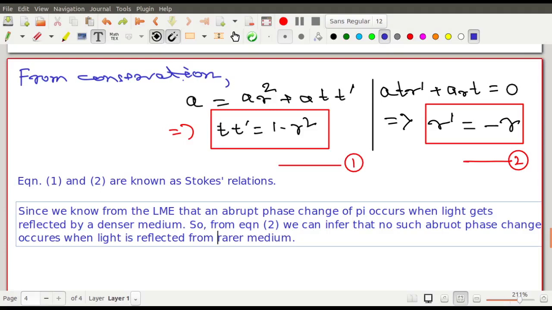So rarer medium থেকে reflect হলে হবে না. Okay.